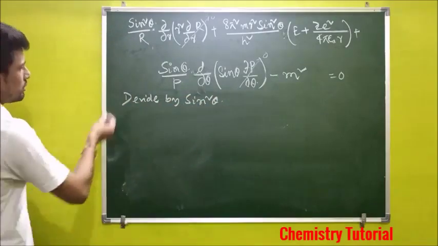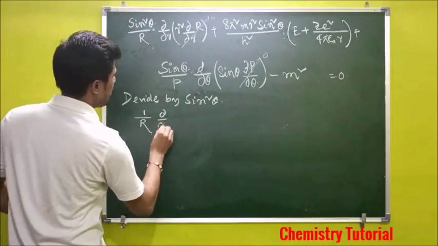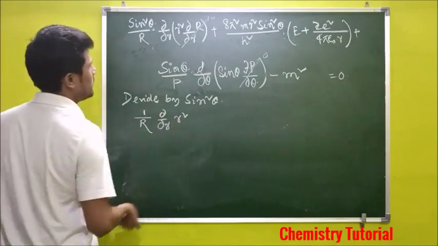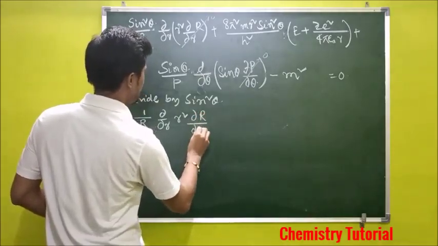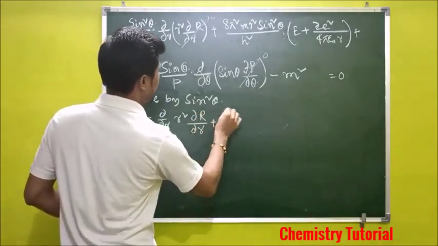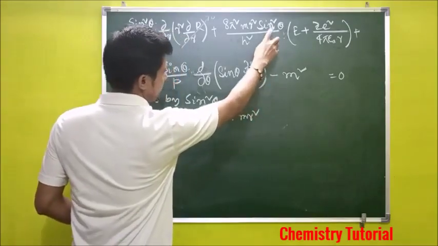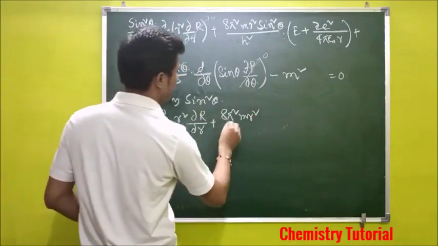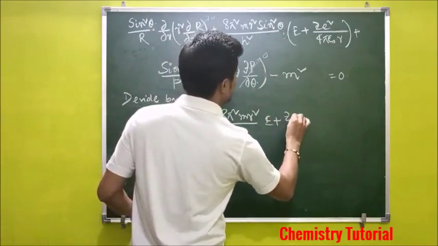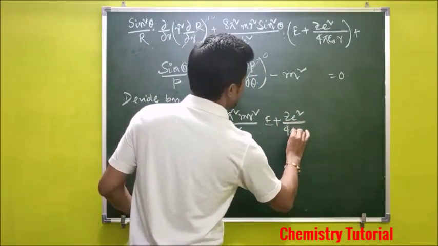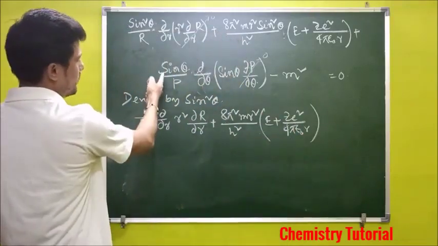So the equation remains as 1 by r d of r square d of r 8 pi square m r square. This sin theta will cancel out since we are dividing by sin square theta. H square e into z e square 4 pi epsilon naught into r, and here one sin theta will be there.